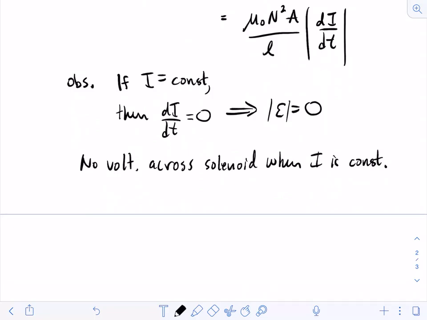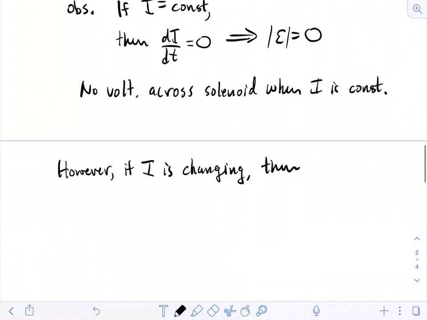Okay, so, however, if I is changing, then I'm going to write this EMF as the voltage delta V across the solenoid.